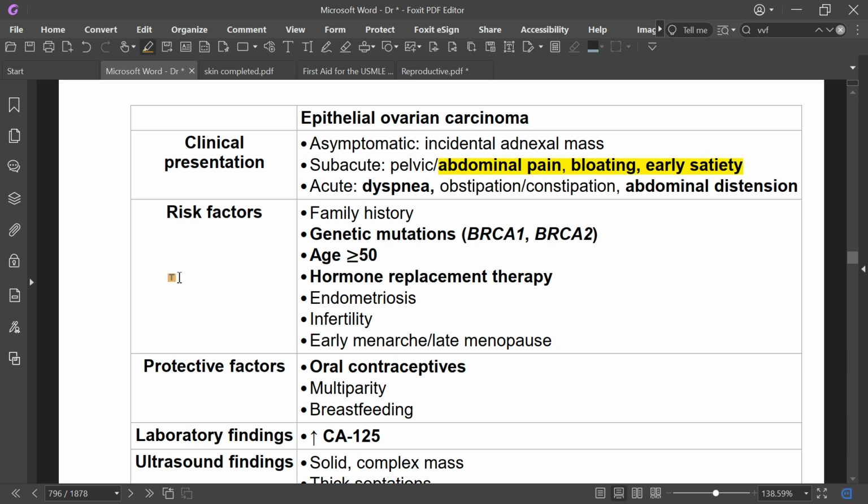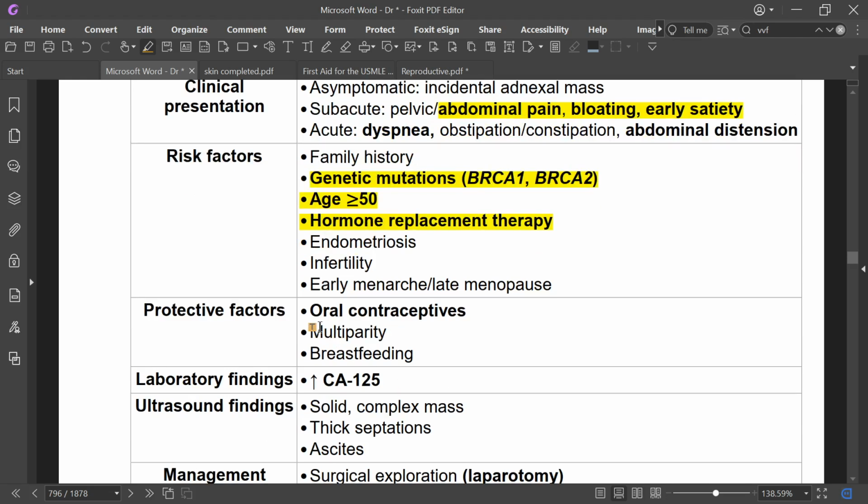Risk factors are family history, genetic mutation, BRCA1 and 2, age more than 50, hormone replacement therapy, endometriosis, infertility, early menarche, and late menopause. Protective factors are oral contraceptives, multiparity, and breastfeeding.